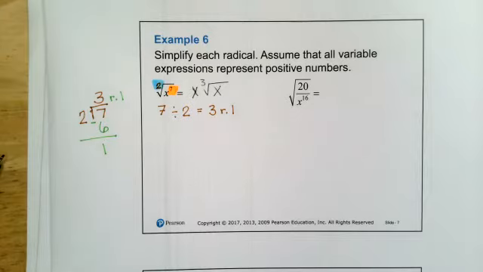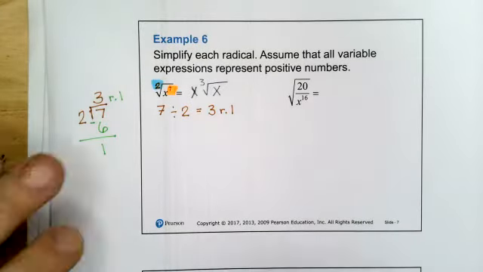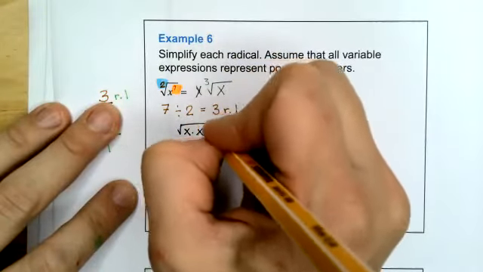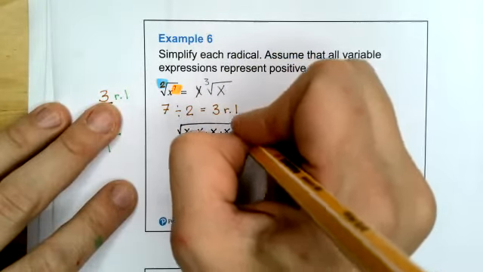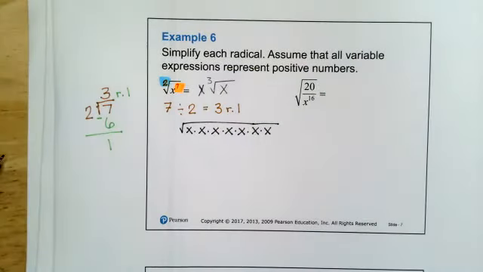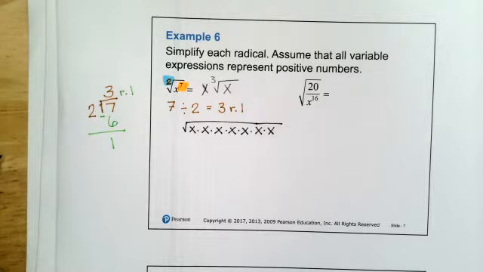One of the x's stays under there because it was left over. Or perfectly reasonable things to do is write out to yourself, or say to yourself, what that x to the 7th means. That means there are 7 x's. I have a 2 right here. It's still a 2.